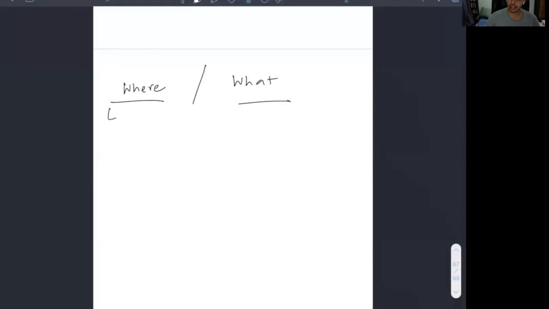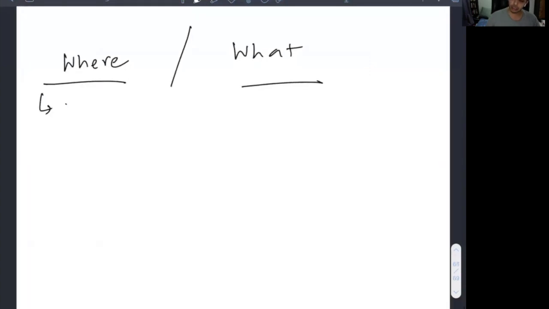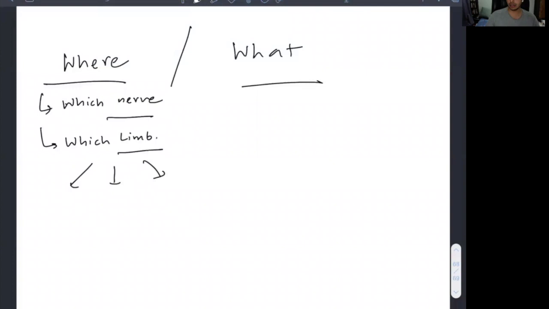So where is the lesion? You will localize which nerve and which limb. And from these two things, you will find out if it's a mononeuropathy, multifocal mononeuropathy, or mononeuritis multiplex, or a polyneuropathy. And what is the lesion?